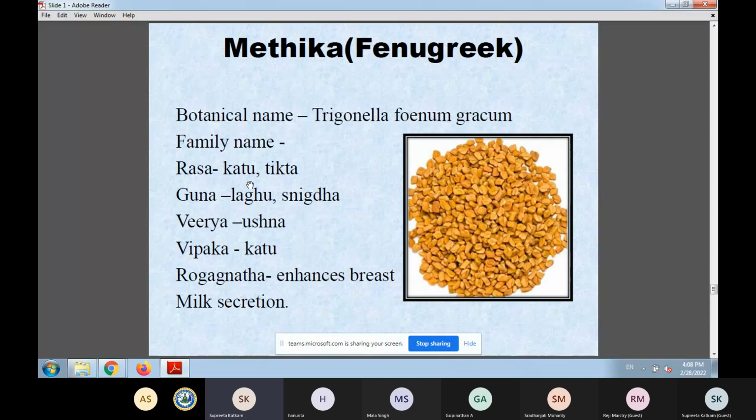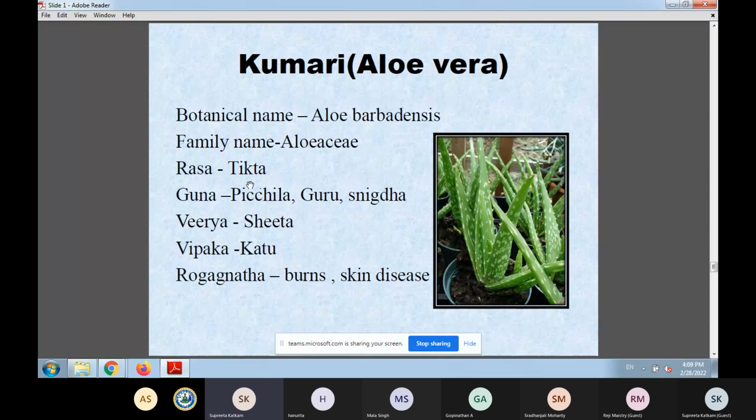After attending the session, you should have a little logic as to why we are giving this in the current condition. The next home remedy session also has simple tricks you can adopt. It's okay if you don't remember the Rasa, Guna, Virya of everything, and it's also difficult to remember. Since we commonly and repeatedly prescribe these, we are aware of it. But even as a student, it was difficult for me to learn this.